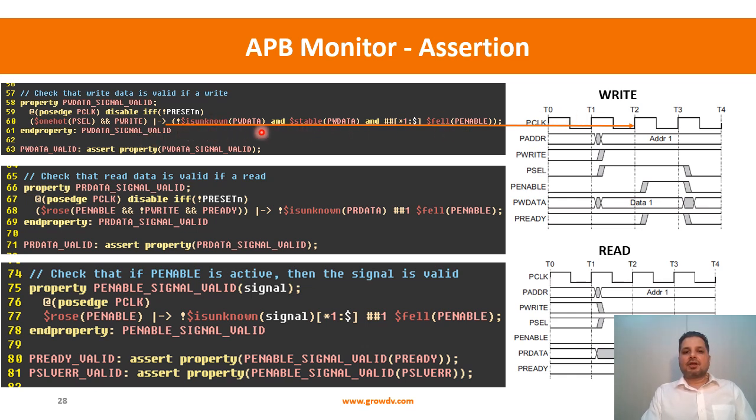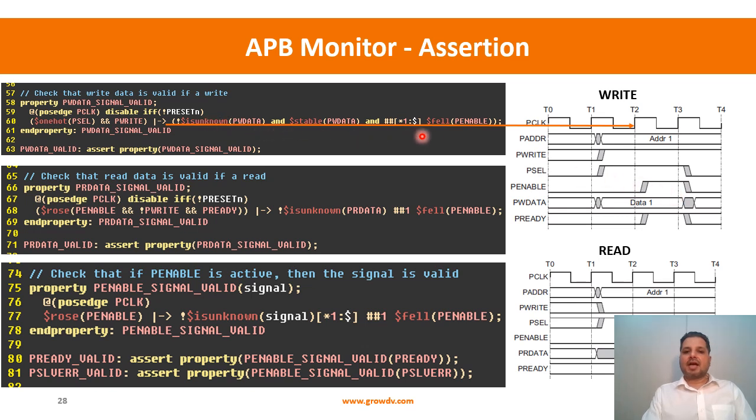The first one is saying that the PW data should not contain any unknown, and the PW data should remain stable till the P enable goes low, right? So that is till this point the P enable goes low, that is the fell of P enable. And with this star 1 to colon dollar, it is able to control that if there are wait states, it will be able to accommodate them.